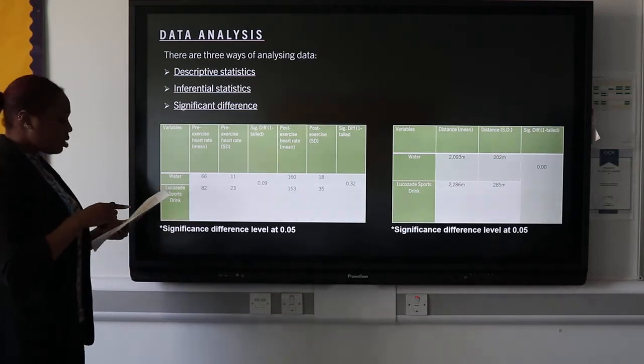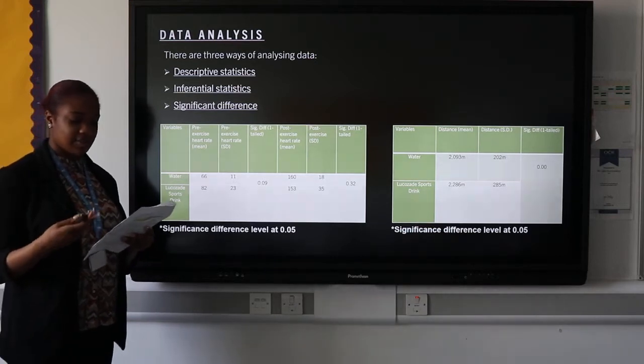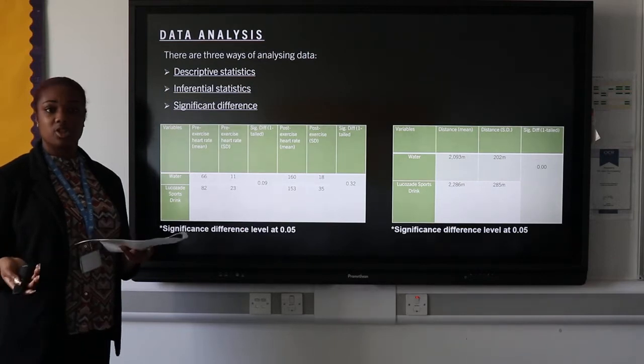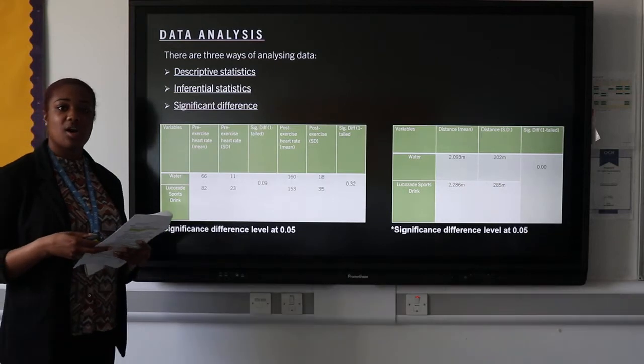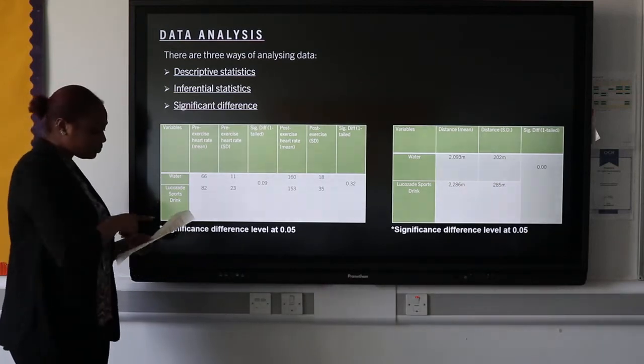The results, the t-test. I used the t-test to determine the significant difference on endurance performance from consuming the two drinks, both the placebo, water, and the sports drink. The results are shown below.